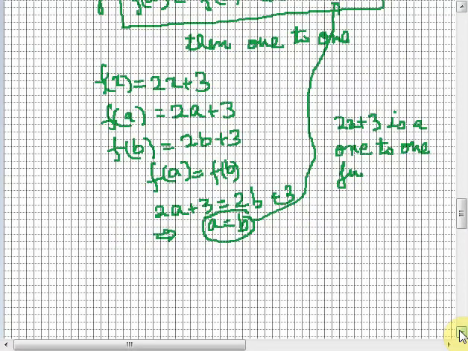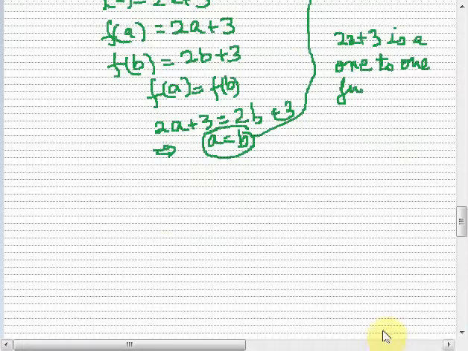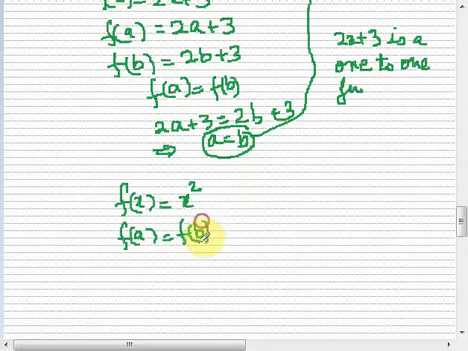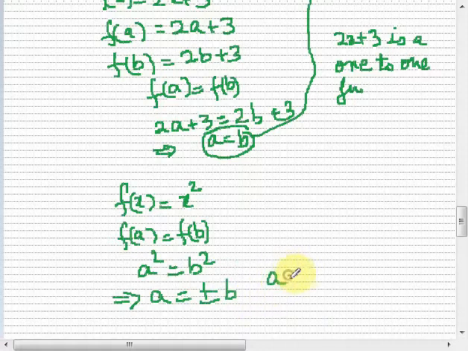Now suppose f(x) = x square. Now we put f(a) = f(b). This means a square = b square. This implies a = ±b. So a = +b also, a = -b also. Our definition requires only a = b, but here -b is coming also.